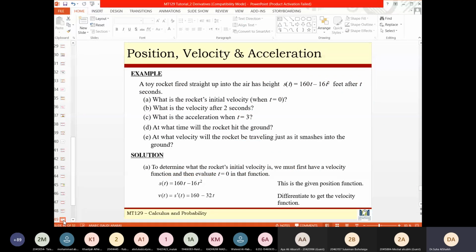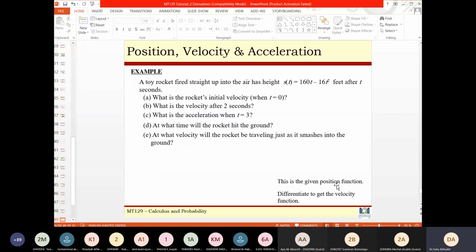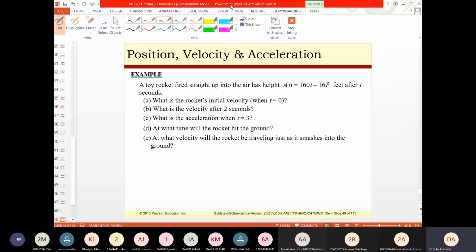Let's check one example here. Okay, so we have a toy rocket that is fired straight up into the air, and its height S of t, which is the position, is given by this function.